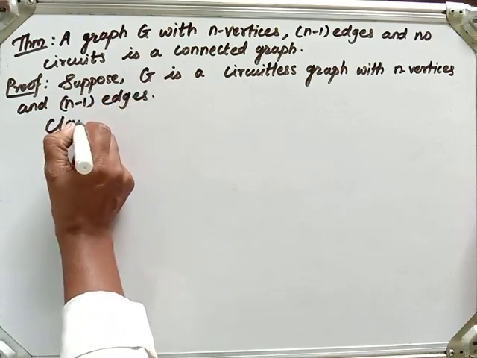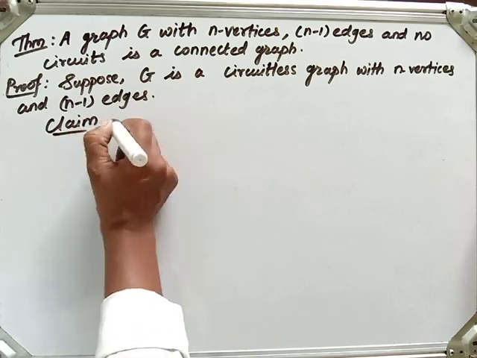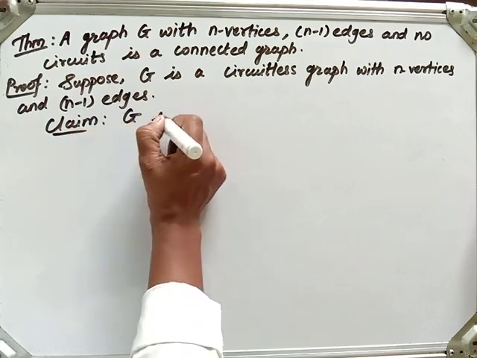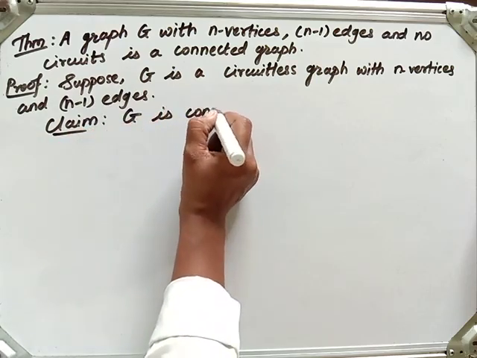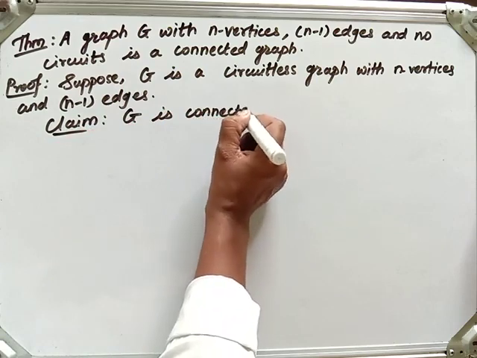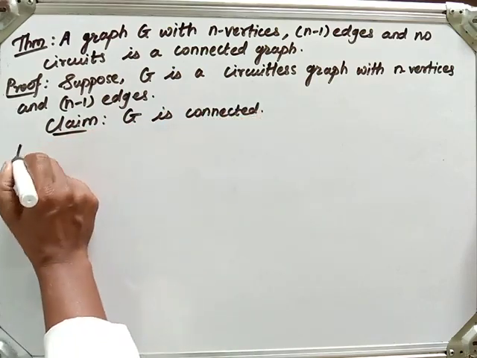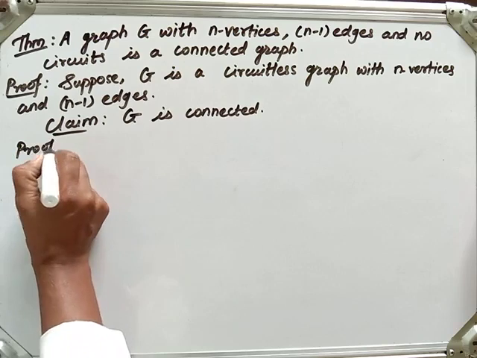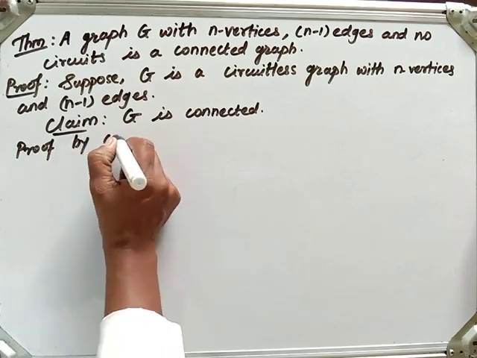What is our claim? We have to prove that G is connected. Okay. So now let's prove this by contradiction. Proof by contradiction.